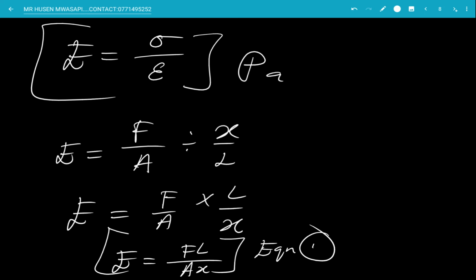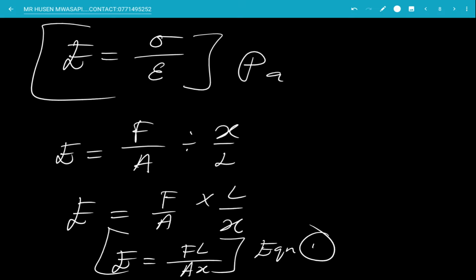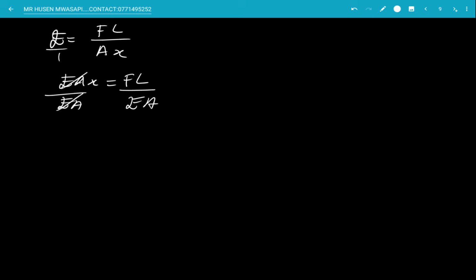So just a quick thought, if you were asked, say, to find the extension of a material, you can relate such by using the Young's modulus. Remember we said E is equal to FL over AX. You can just make X the subject of the formula. So it's going to be EX being equal to FL, so X is FL divided by EA.